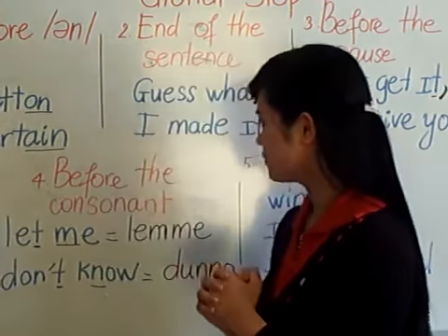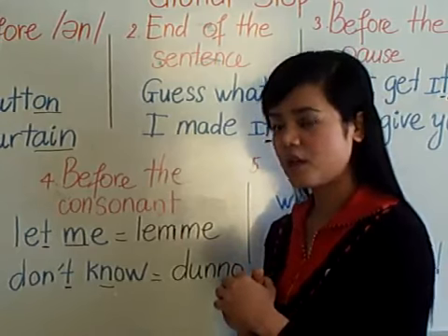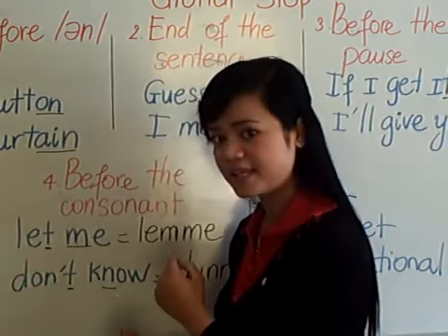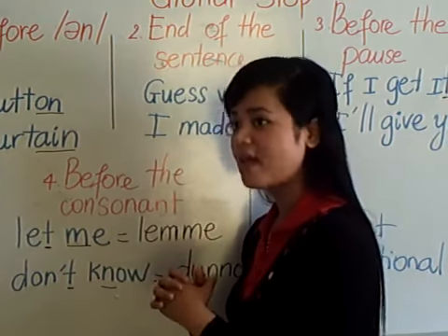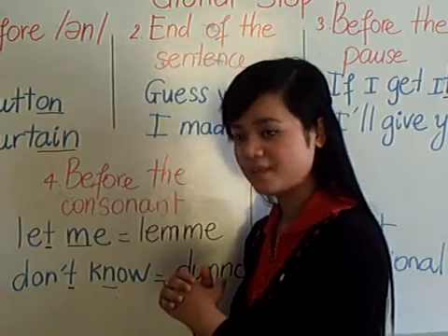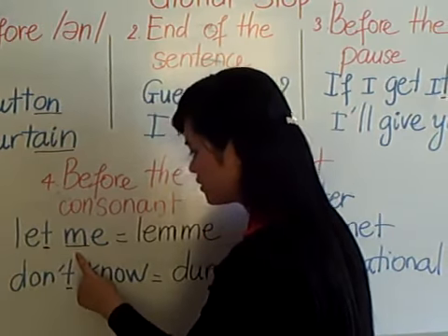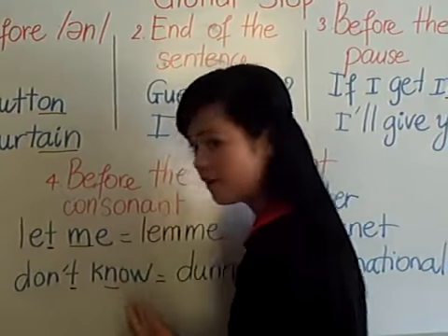Next, when the letter T goes before the consonant sound, look at these words. Instead of saying let me, now we say let me, because the letter T is here and here is the consonant sound, so the sound of letter T is cut off.